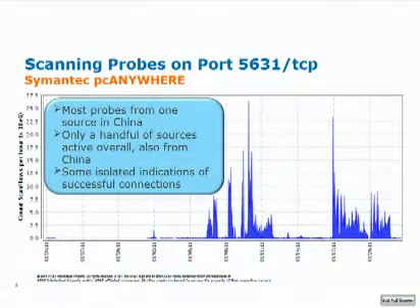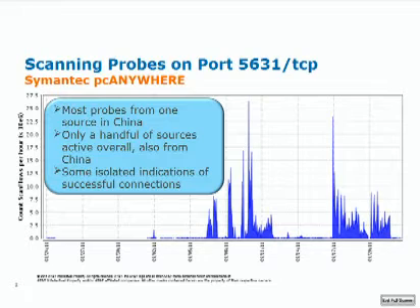So with that, let's jump in and take a look at this 5631 activity. As I said, we've reported this over the last, I think, about 3 weeks now. This is associated with the Symantec PCANYWHERE. Most of the probes are basically from one source address in the China region, and all of these probes, in fact, are coming from really a handful of sources that are also from China. So there is a bit of a bias here, so to speak.